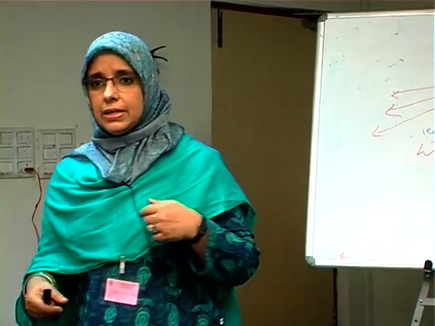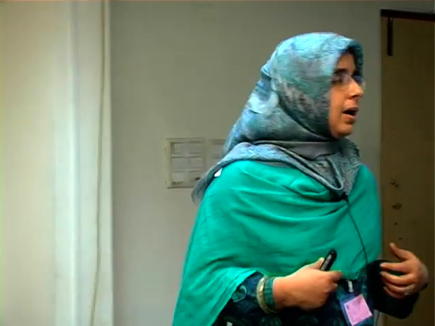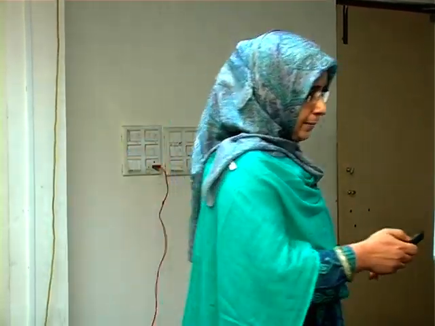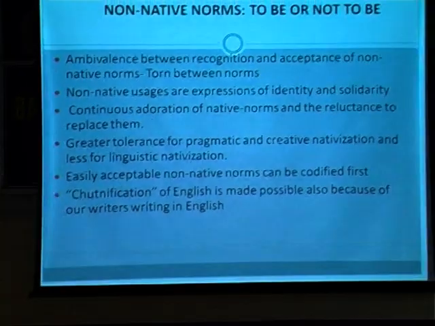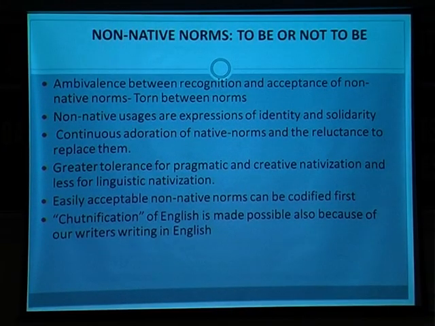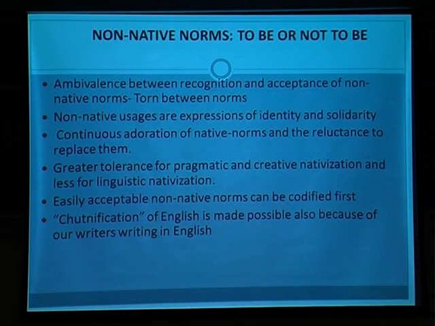Now it is for us to decide, says Bamgbose, which norm can be modified or which can be codified from our repertoire of language uses. But this ambivalence is always there, the ambivalence between recognition and acceptance.